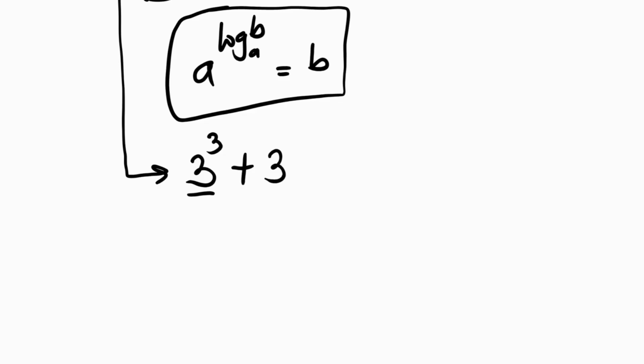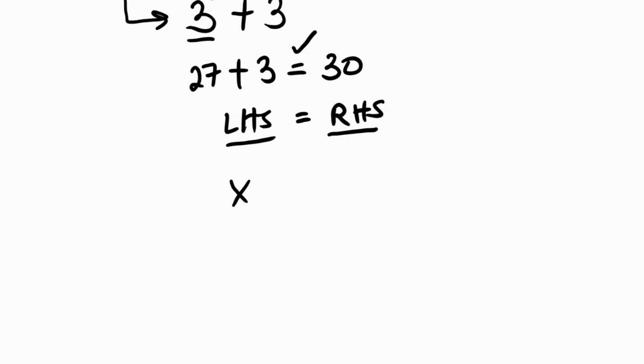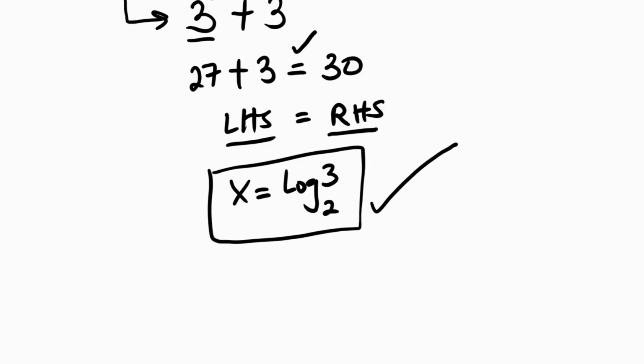Now, 3 raised to power 3 is 27 plus 3, and that is equal to 30. So we can see that now our left-hand side is equal to our right-hand side. Therefore, our value of x, which we found to be log of 3 base 2, is the correct answer and solution to this question.